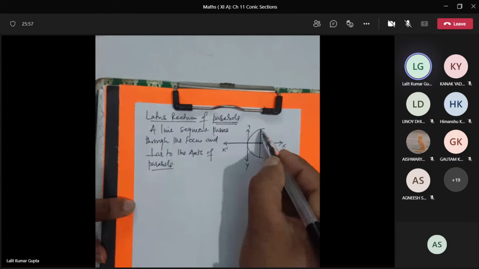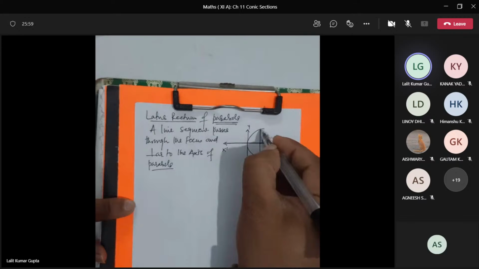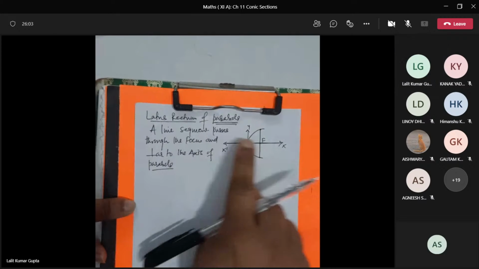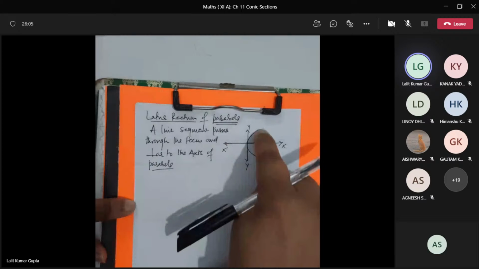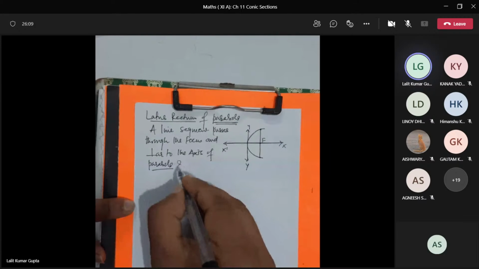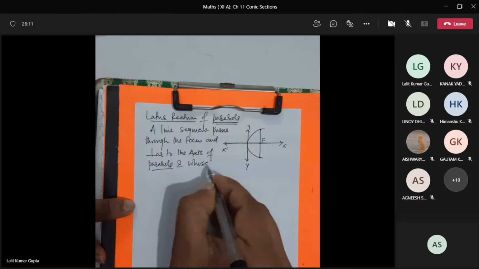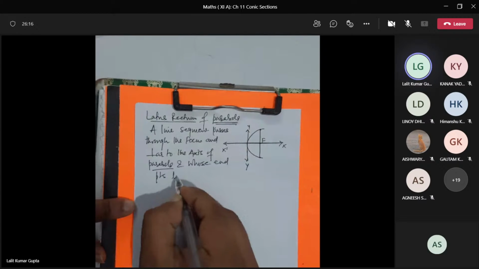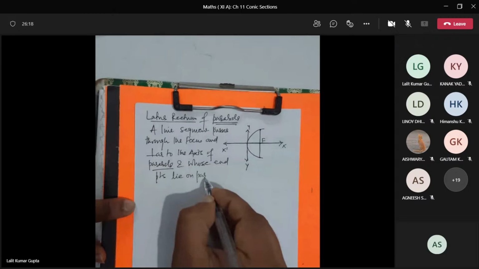Perpendicular, look, this is a line segment. A line segment passes through the focus and is perpendicular to the axis of the parabola and whose end points lie on the parabola.